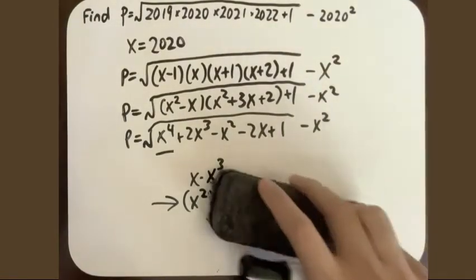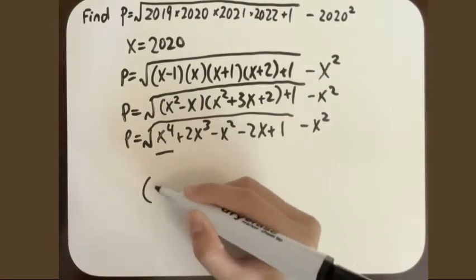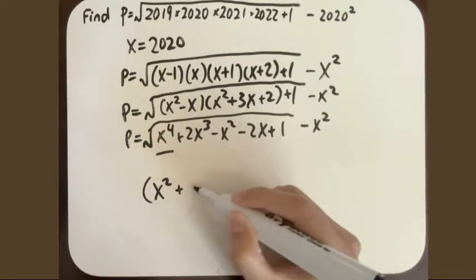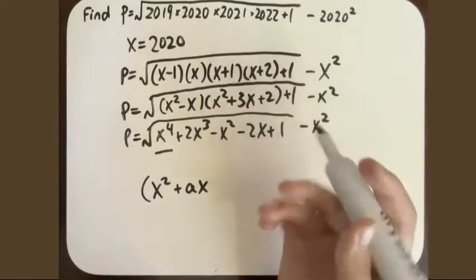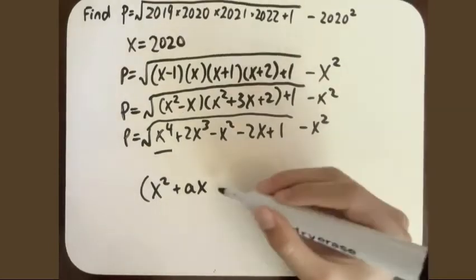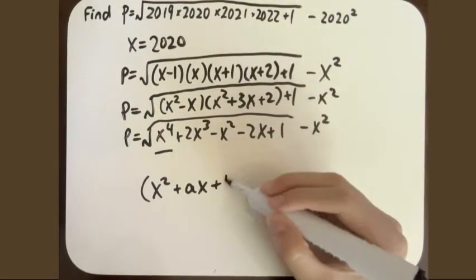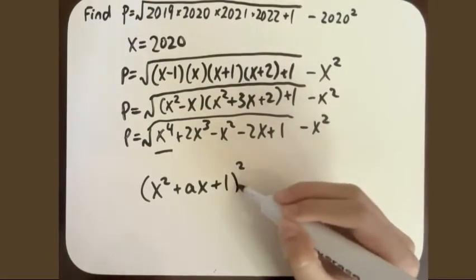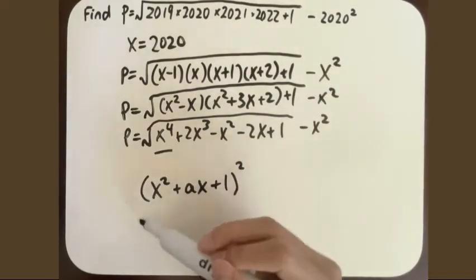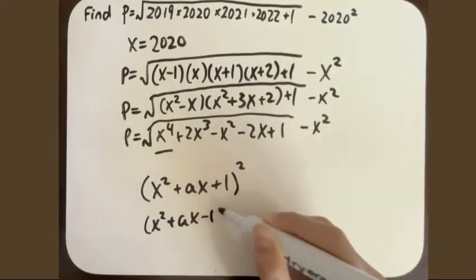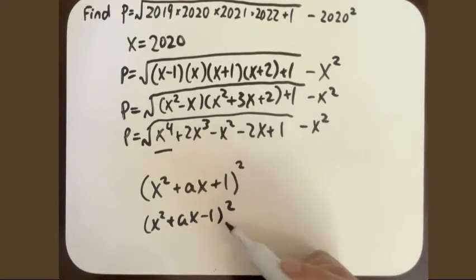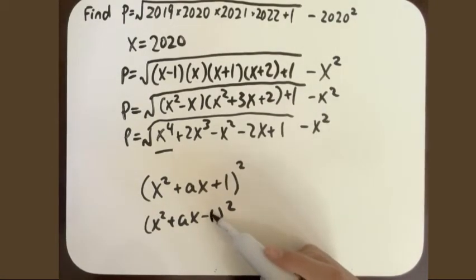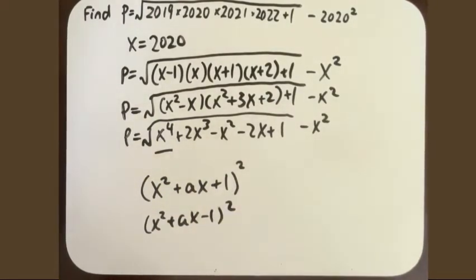We're going to rewrite this as x squared plus ax. A can be positive or negative. And then we can either have plus 1 squared or minus 1 squared, because at the end, this constant term will both be positive 1.